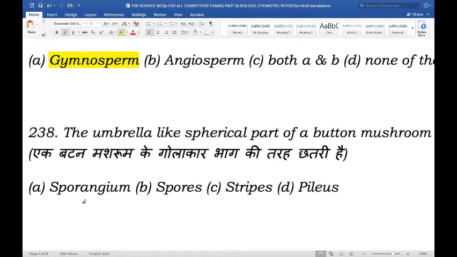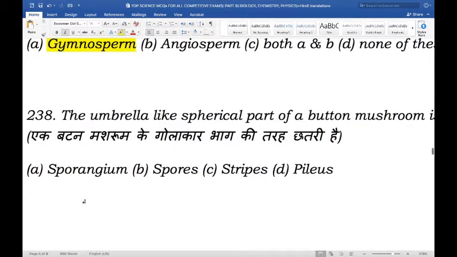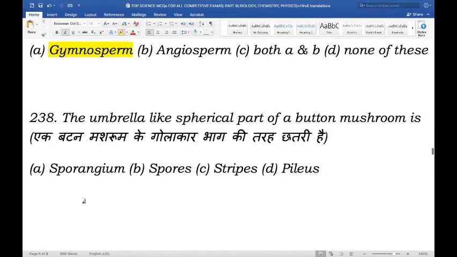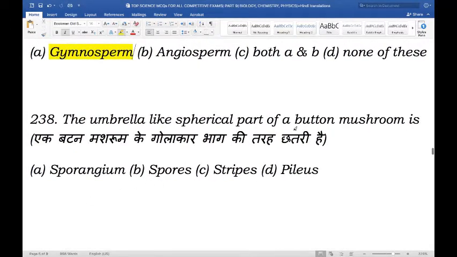Moving on to the next question. The umbrella-like spherical part of a button mushroom is, so again, button mushroom is also commonly known as common mushroom. So the umbrella-like spherical part of a common mushroom or a button mushroom is it A, sporangium, B, spores, C, stipe, or D, pileus?